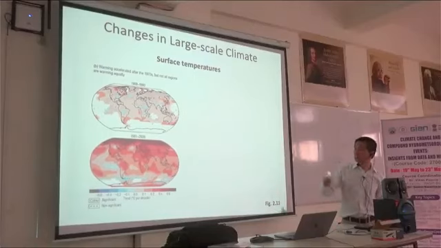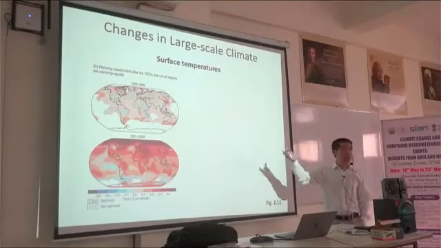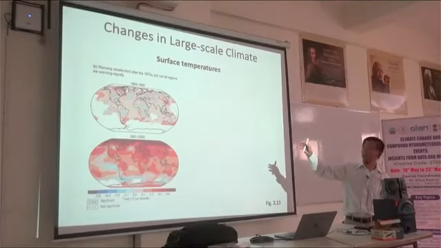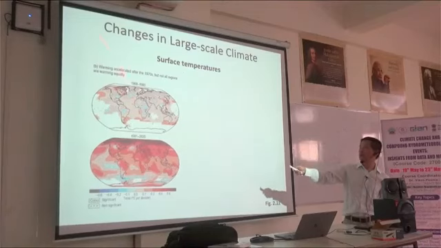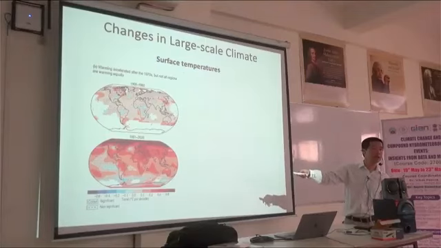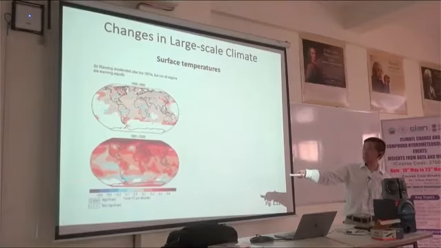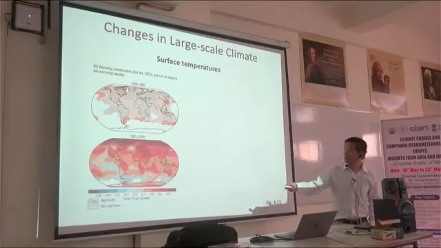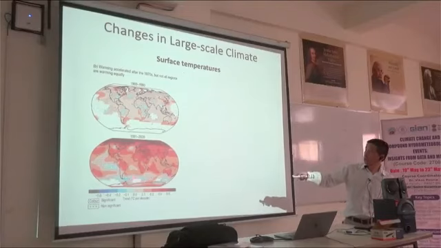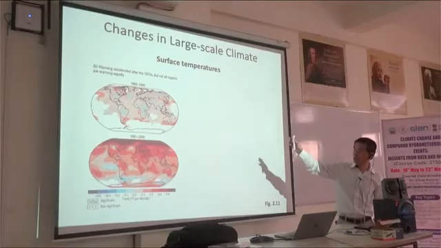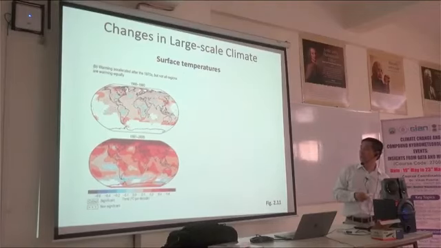So again, there are a couple of important messages: the rate of change is accelerating, and there is spatial variability, right? The polar region got affected much more severely than other regions. But also there is spatial variability and time variability, right?